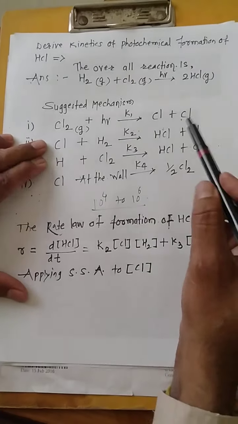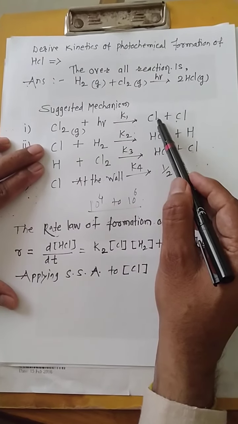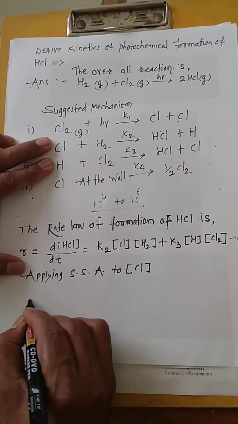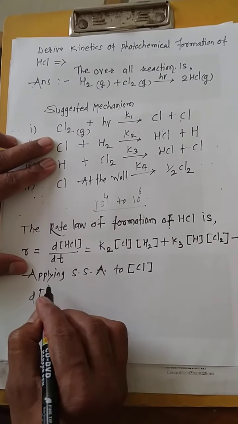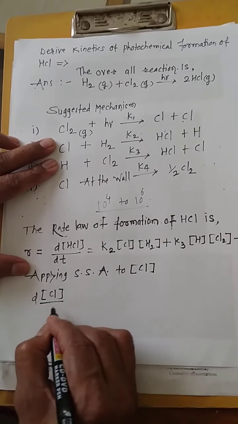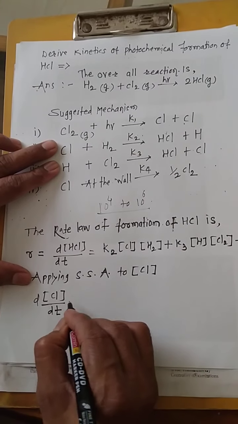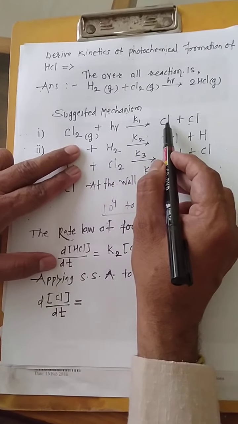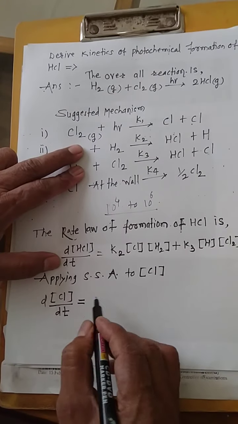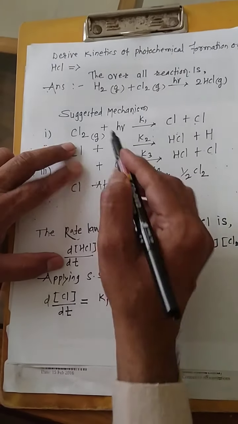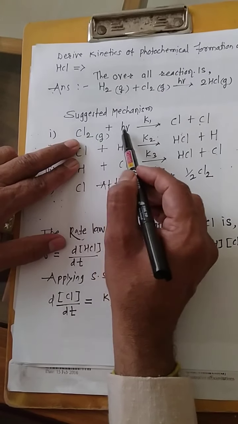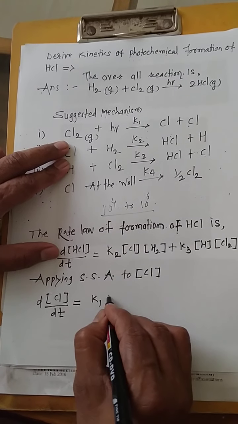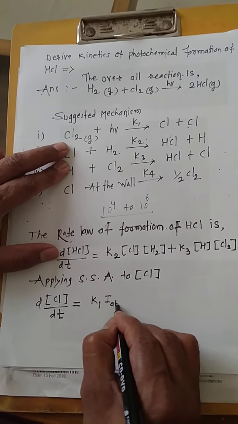From the mechanism, here Cl is formed, so you have to write the formation of concentration of Cl with respect to t is equal to, rate constant K1, it is present as the reactant species, so you write plus K1. When the chlorine gas reacts with these photons, only the intensity absorbed, Iab, is written.